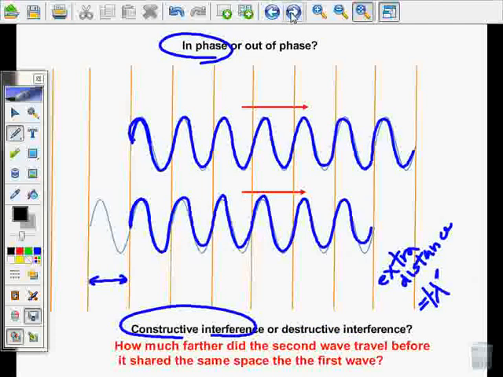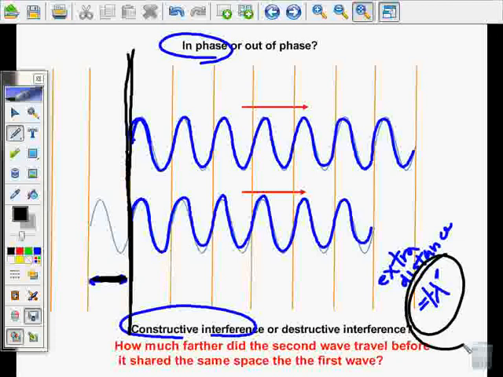Look, here's the starting line. The extra distance traveled by the lower wave before it joined up with the upper wave was 1 wavelength. Did that give us constructive interference?